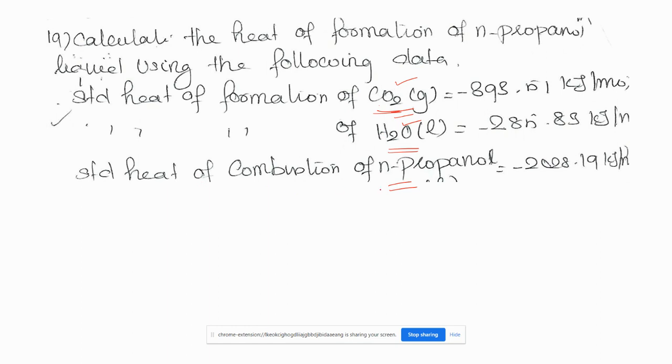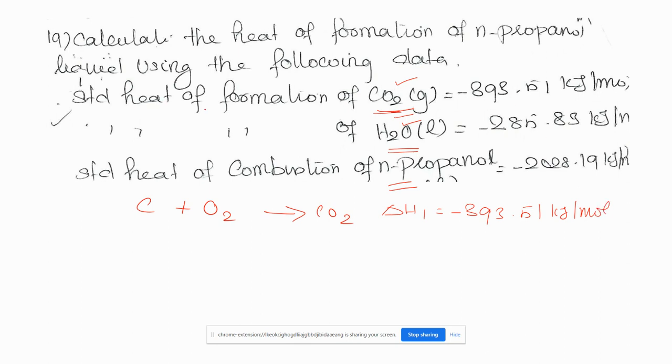And the third is the standard heat of combustion of N-propanol. That means propanol is in the reactant. Now for all these three, we have to write the equation. Standard heat of formation of CO2: we know the reaction C plus O2 gives CO2. For this, del H1 is minus 393.51 kilojoules per mole.